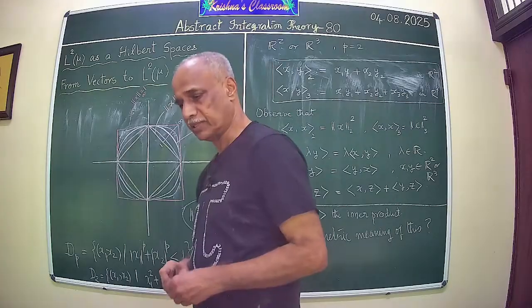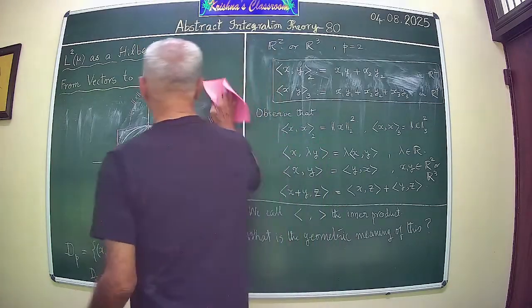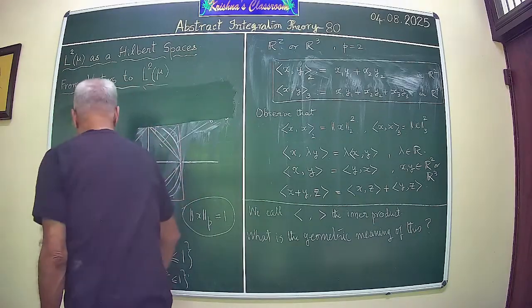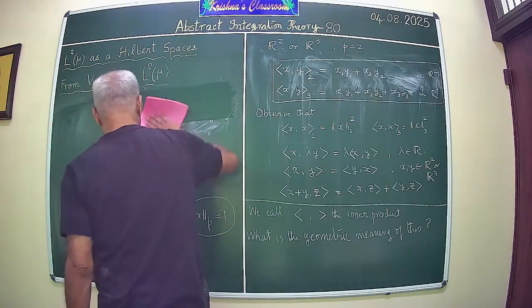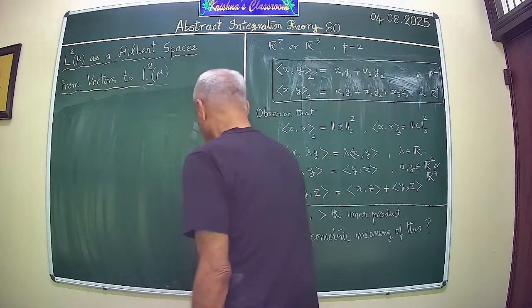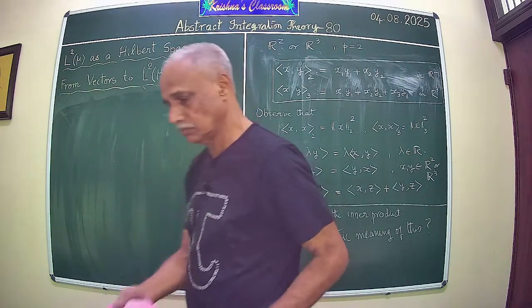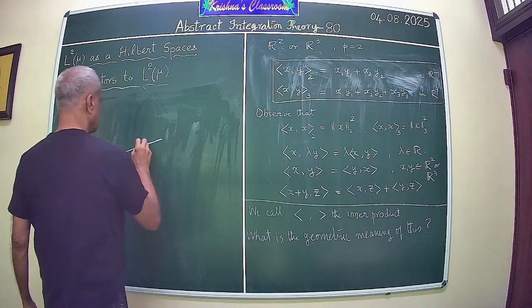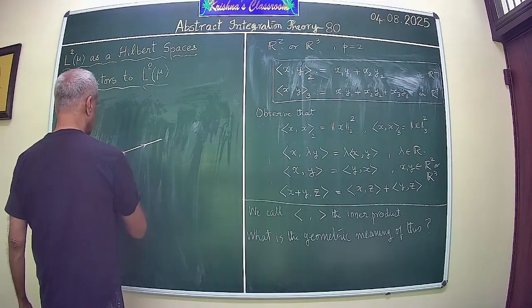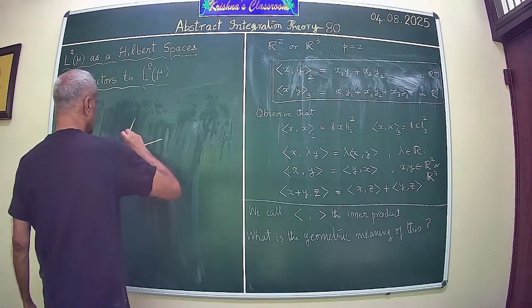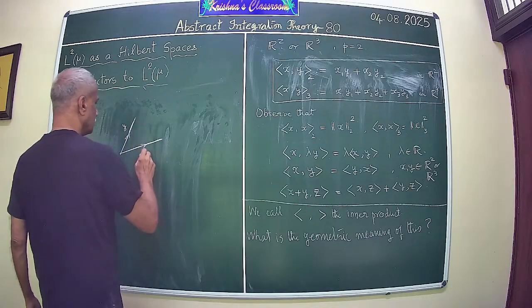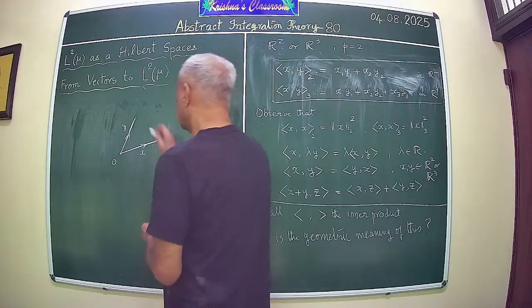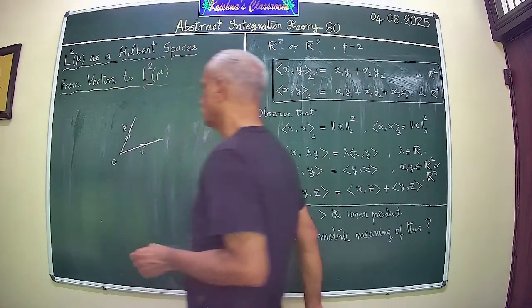So let us explore that. In R2 or R3, irrespective of whether you are in R2 or R3, you can make the following. x, y: these two vectors are given.